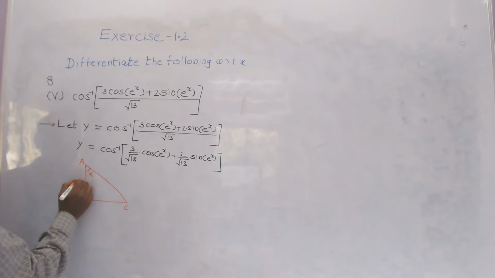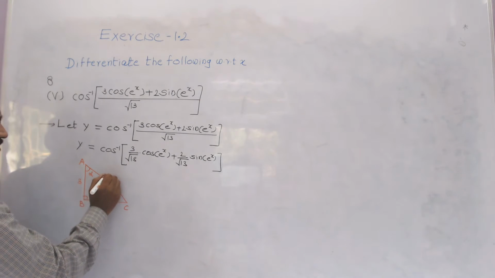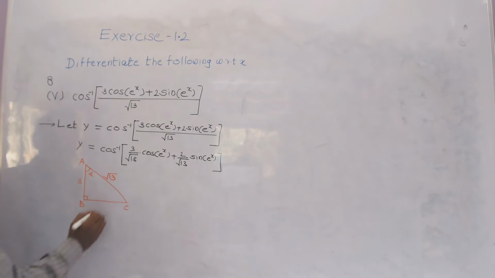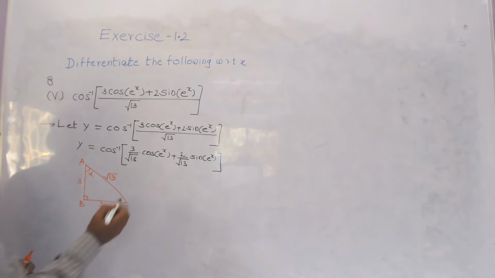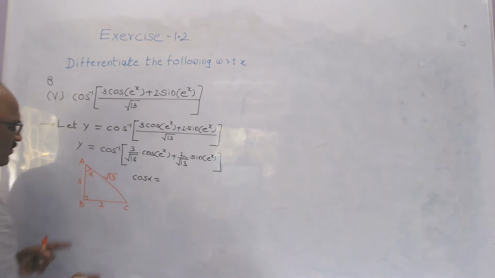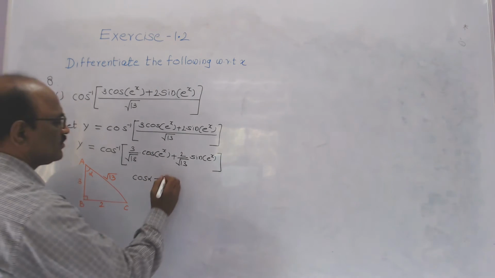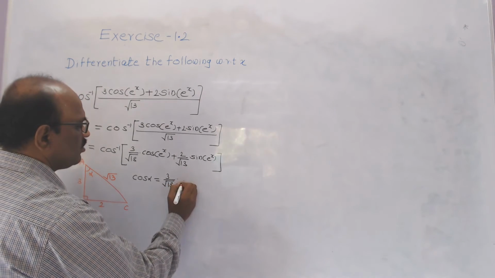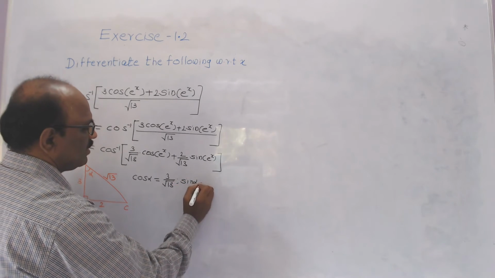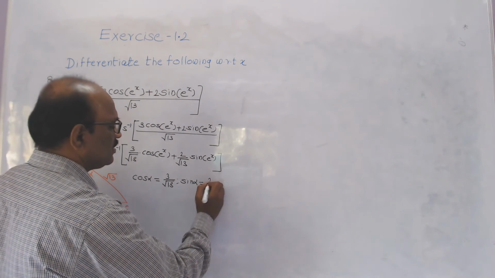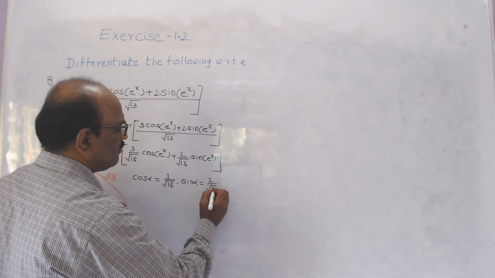That is the adjacent side, and this is the hypotenuse. Hypotenuse is root of 13 and opposite side is 2. Now from this triangle we will write here cos alpha is equals to 3 upon root of 13. And what about the sin alpha? Sin alpha is equals to opposite side upon hypotenuse, that is 2 upon root of 13.